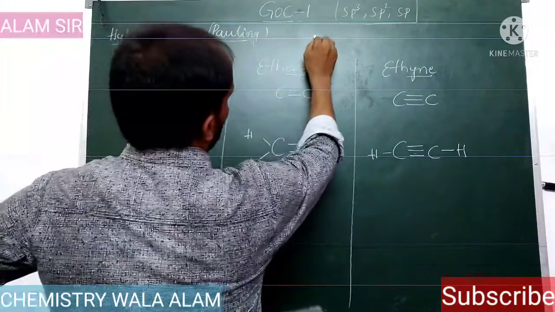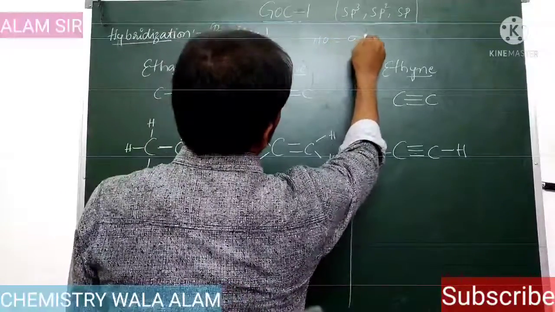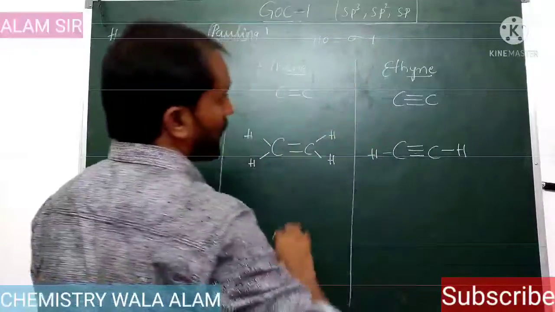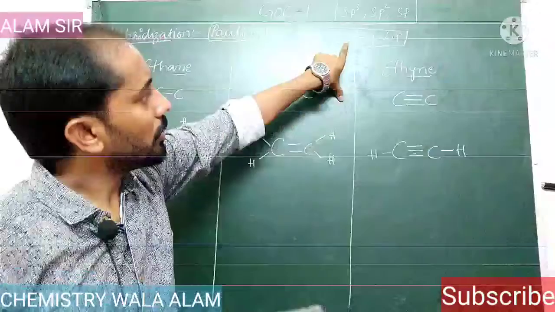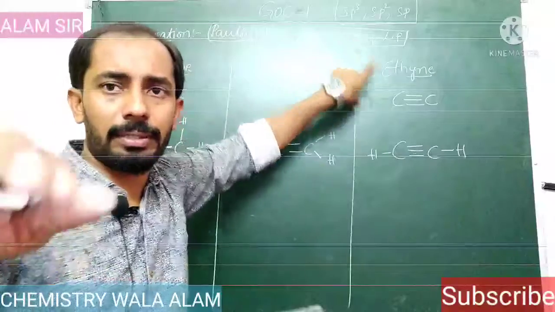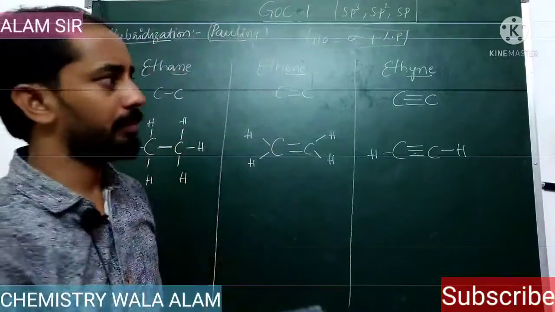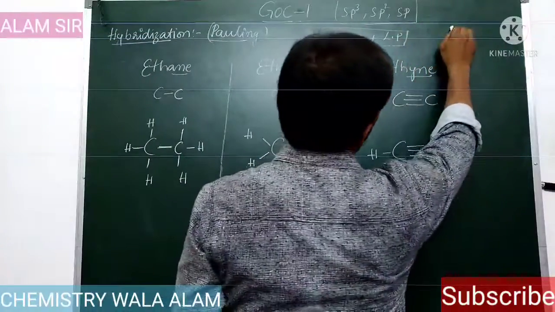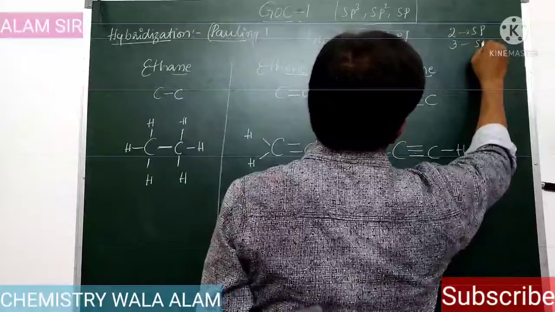The number is equal to the number of sigma bonds plus any lone pairs, but here we won't see lone pairs. If the number is 2, the hybridization is sp. If the number is 3, it is called sp2.